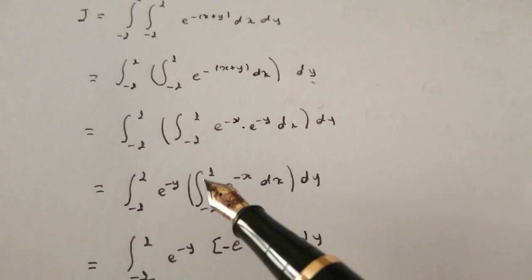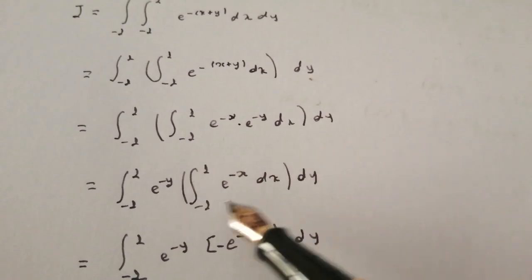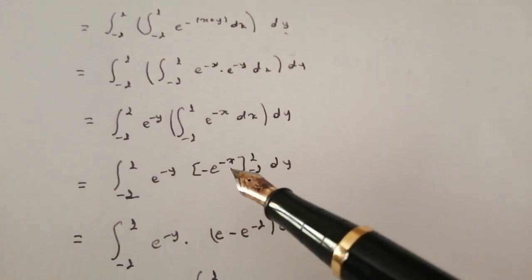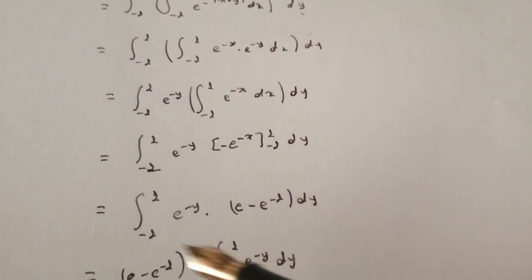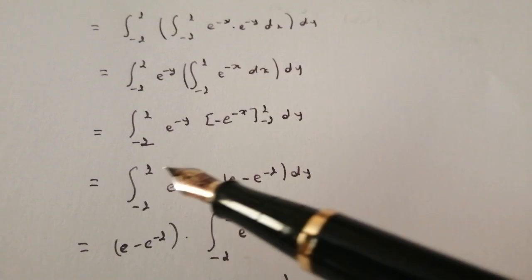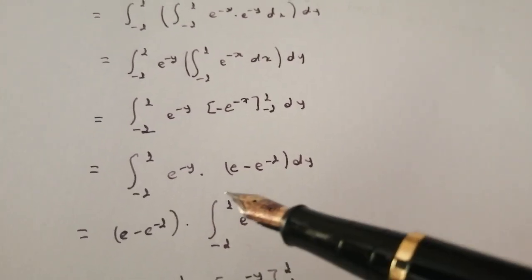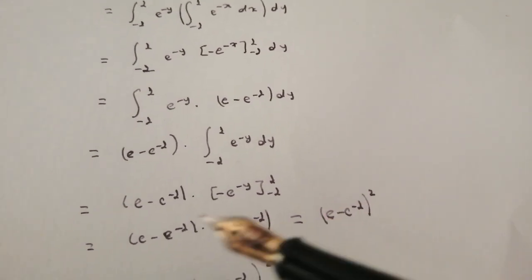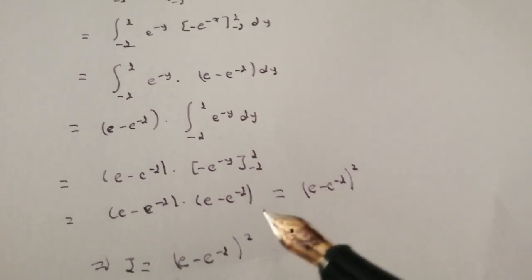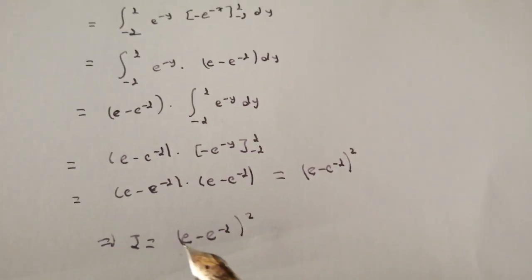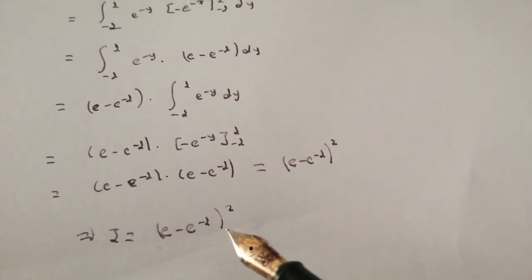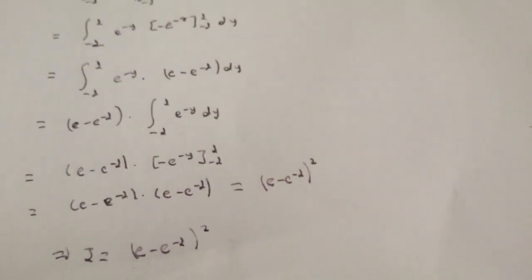So we compute firstly this integral over here. Then this is a constant, we can take this out of the integral, and then we compute the other integral from minus 1 to 1 of this function here. And doing some trivial algebraic manipulations, we end up that this double integral is e minus e to the minus 1 squared.